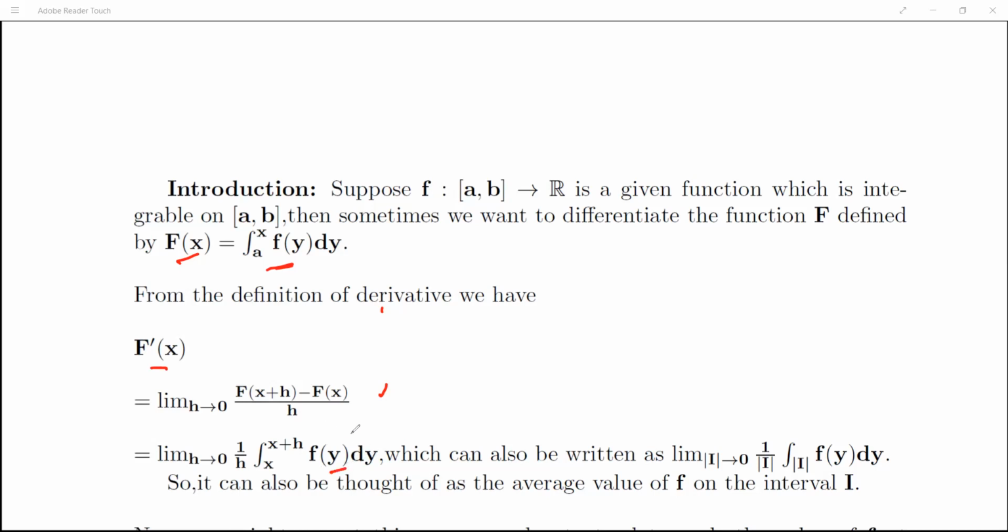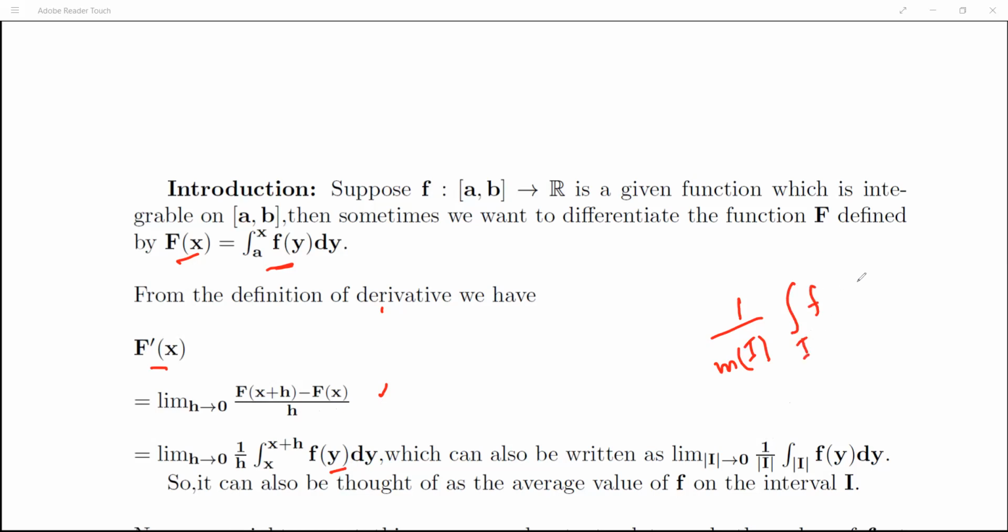So if you want to calculate the derivative, you basically want to calculate this limit. This can also be thought of in a different way: if you think of x to x+h as an interval, then this is nothing but 1 over the measure of the interval, times the integral of the function over the interval.